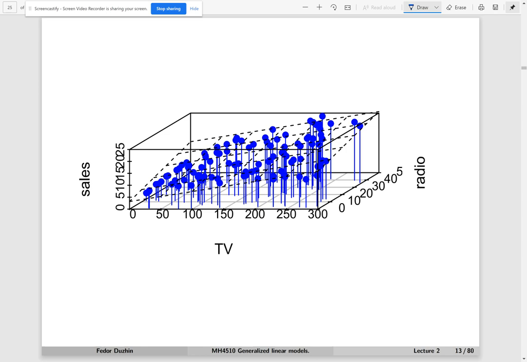With two predictors, we are also minimizing these vertical distances, but now instead of a regression line, we have a regression plane. For p predictors, we have a hyperplane. So one predictor line, two predictors plane, p predictors hyperplane.